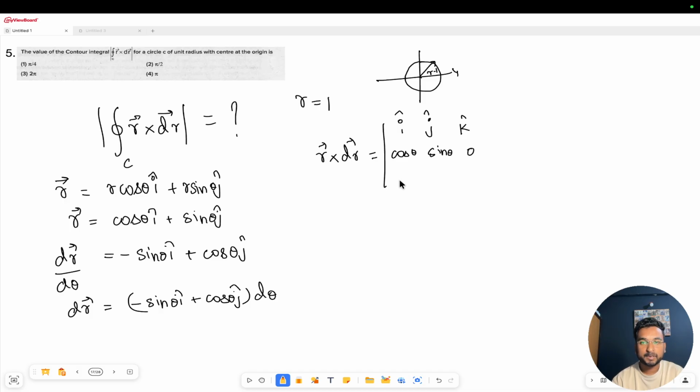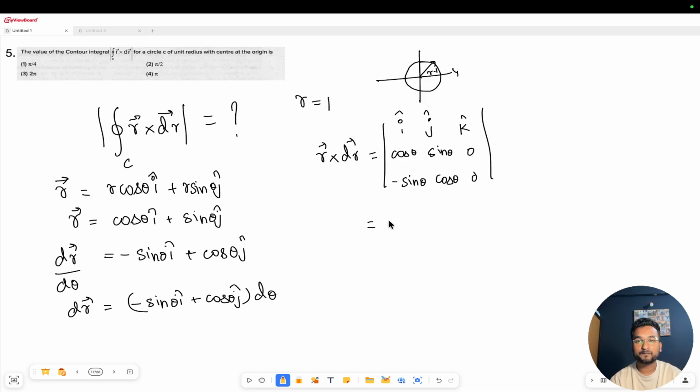Here it is minus sin theta, cos theta, and 0. For i cap it will be sin theta into 0 minus cos theta into 0, so the i cap component will not come. For j cap, cos theta into 0 minus sin theta into 0, also zero.